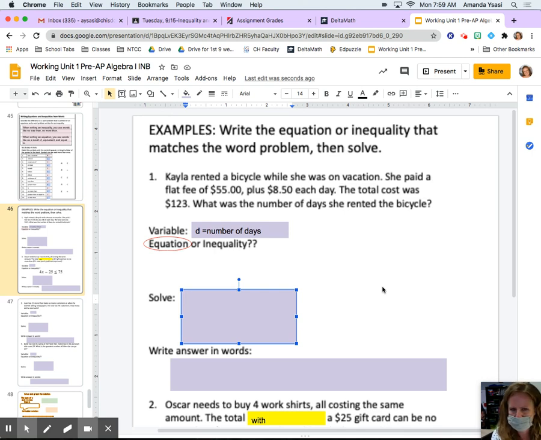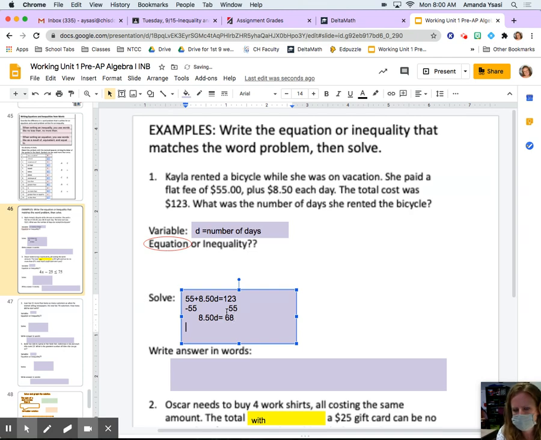Okay, the next one we need to solve, so we need to write the equation. So 55 plus 8.50 per day equals 123. Okay, so then you should have worked that out. If we subtract 55, then we get 8.50D equals, whenever you subtract 55, what do we get there? 68.